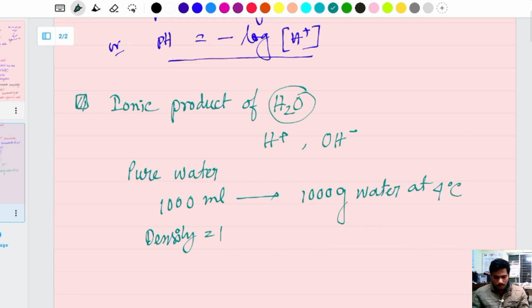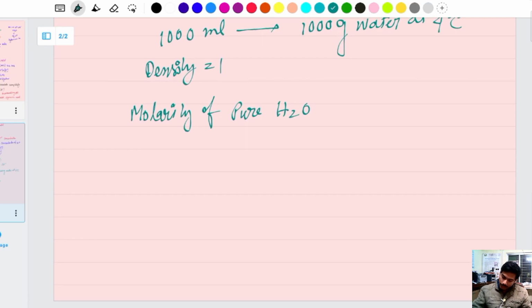Let's write down the molarity of pure water and calculate it.